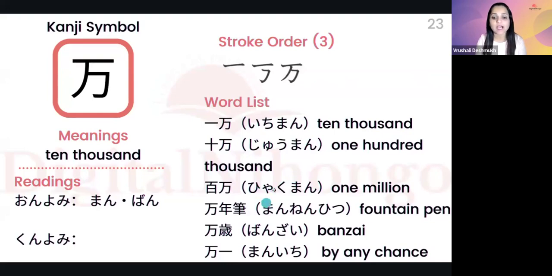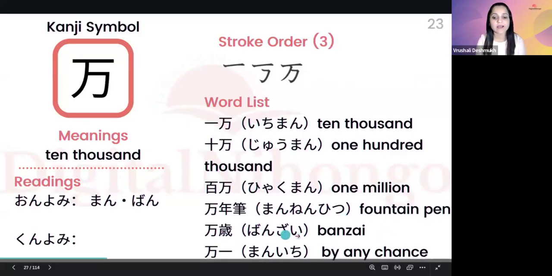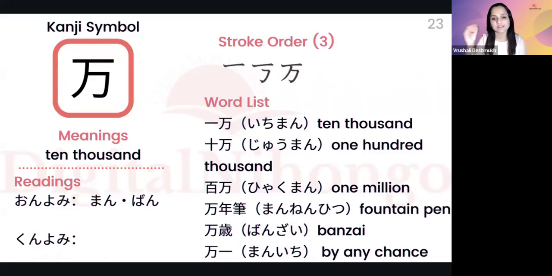Then Yakuman is 1 million. Manenhitsu is fountain pen. Banzai, banzai. And Manichi is a very rare chance. Once in 10,000 is Manichi.